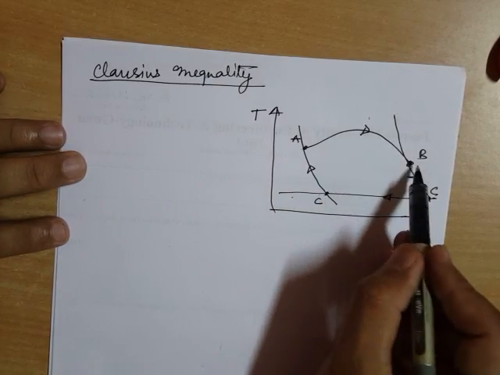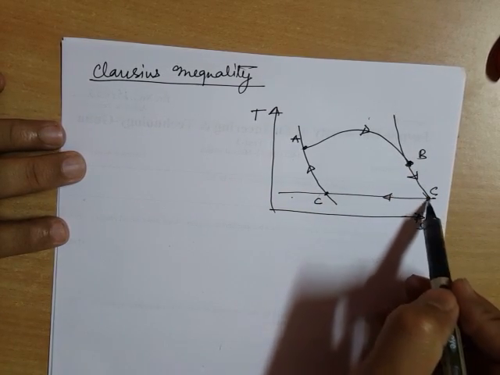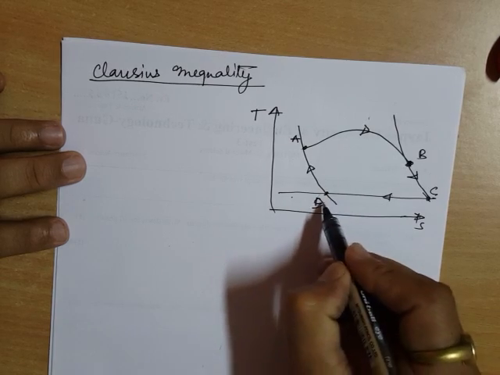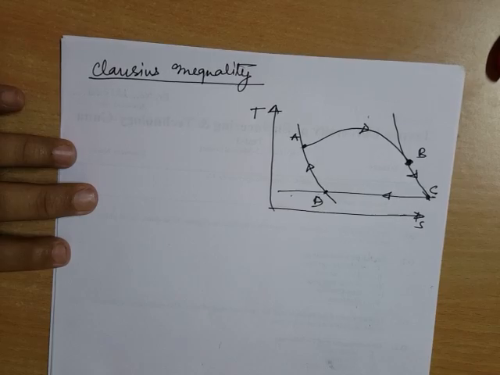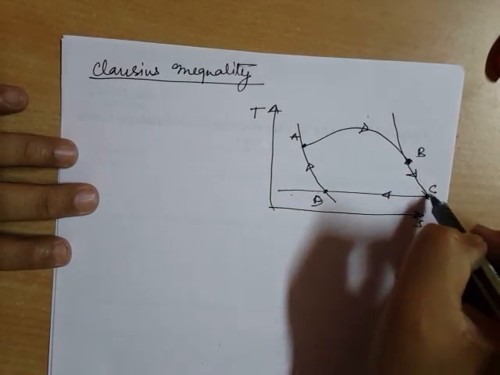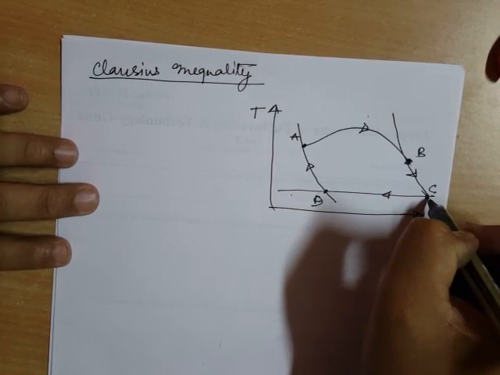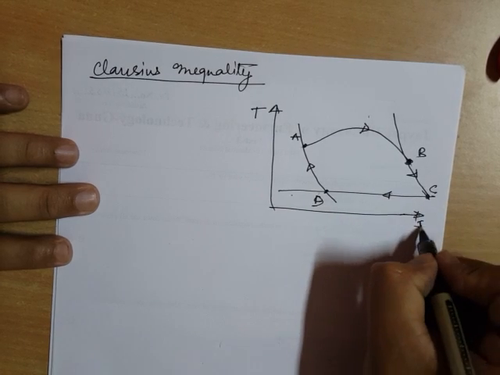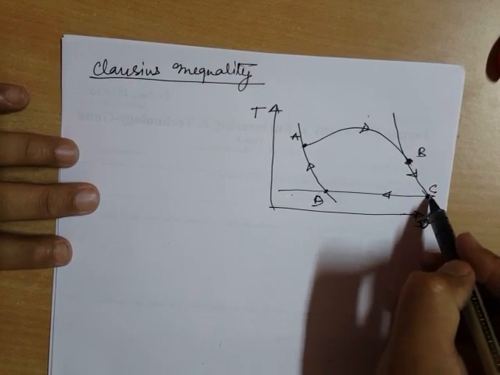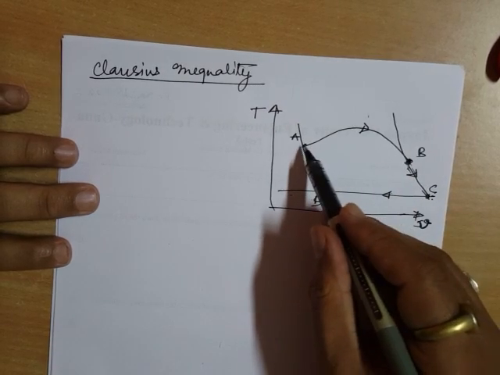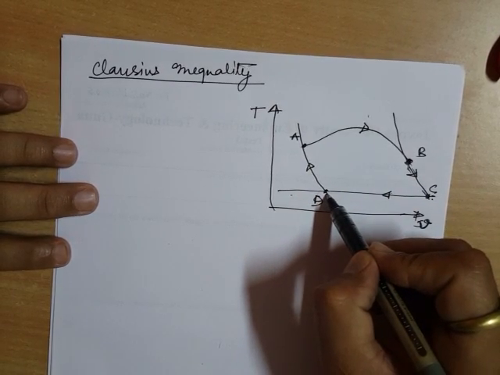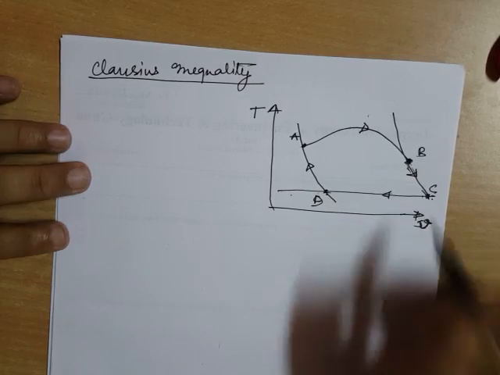So AB is a general process, whereas BC, CD and DA are all reversible. BC is a reversible adiabatic line. Similarly, AD is a reversible adiabatic line, and this DC is an isothermal line.